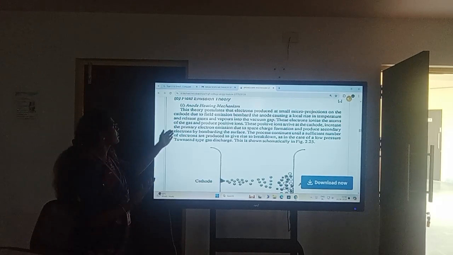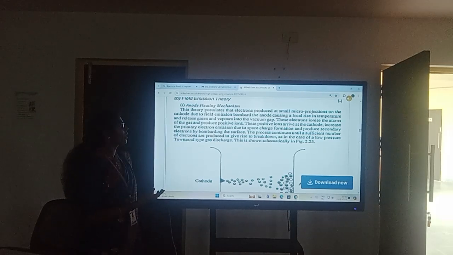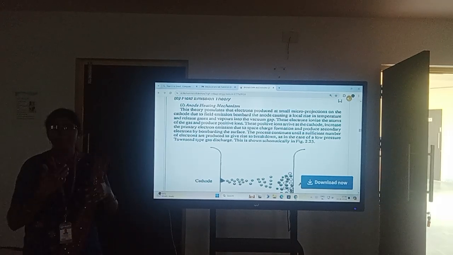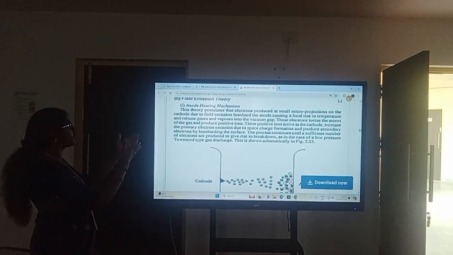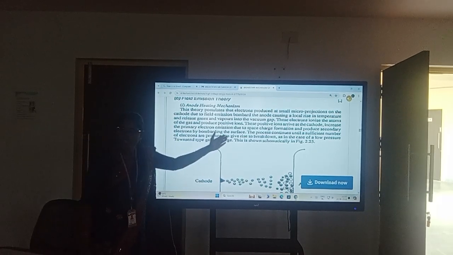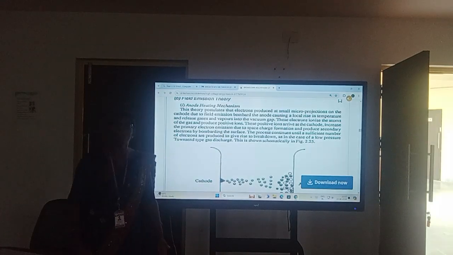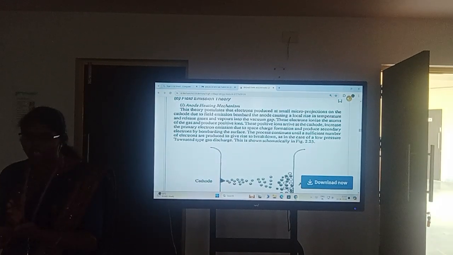So the secondary ions are increased, or the surface is bombarded. This process continues until a sufficient number of electrons are produced to give rise to the breakdown, the maximum voltage at which breakdown occurs. Beyond that, it will not go.